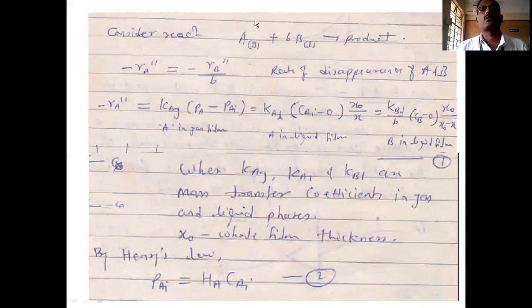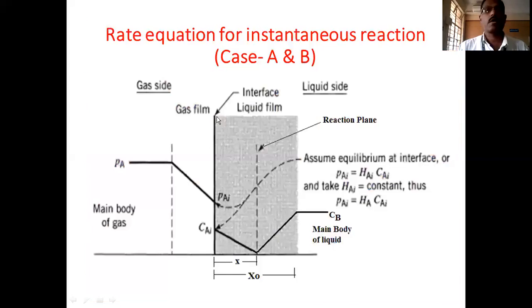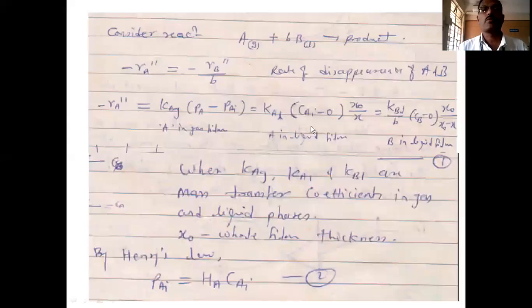So we write this relation using the rate equation. The rates of disappearance of A and B are related to each other by the stoichiometric coefficient b, and we write the rate with respect to mass transfer. In the gas film, minus RA is equal to KAG into PA minus PAI, where KAG is the mass transfer coefficient. Similarly, in the liquid film, minus RA is equal to KAL into CAI minus 0.